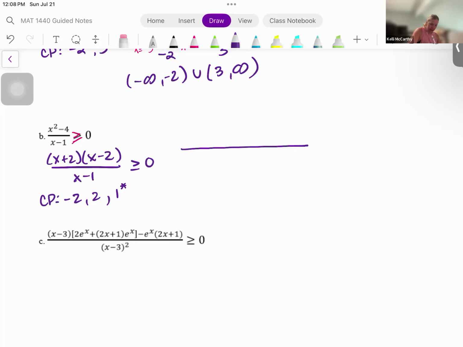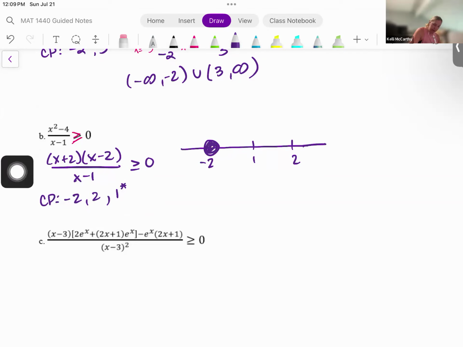Setting up my sign chart, putting my critical points in order from least to greatest, so negative 2, 1, 2. Having 3 critical points gives me 5 separate intervals. Or I'm sorry, 4 separate intervals. 1, 2, 3, 4. The negative 2 we're going to include because we're looking for greater than or equal to, and that was a 0 from the numerator.